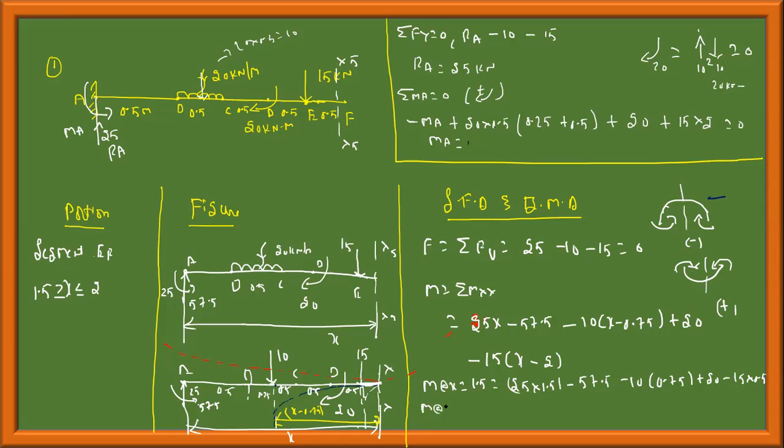M at x equal to 2 is 50 minus 57.5 minus 10 into 1.25 plus 20. Tell me the values.